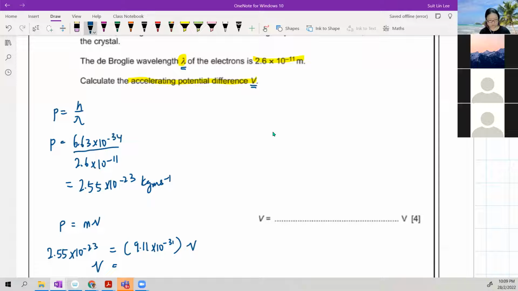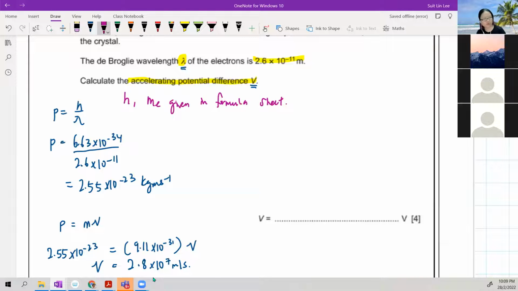This v is 2.799, 2.8 times 10 to the power of 7 meter per second. So values that they will give you in the formula sheet is these two. Okay, I'll write down here. h and mass of electron given in formula sheet, page 2, I believe, 2 or 3, the front part of the exam paper.